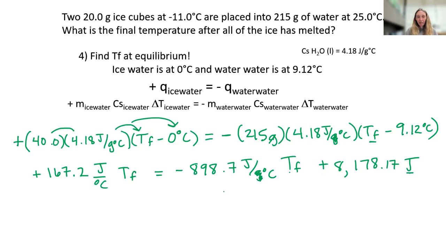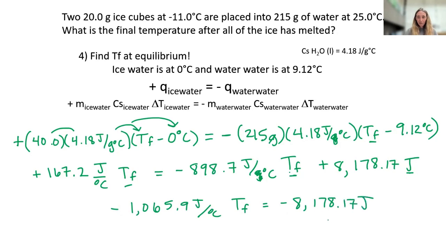Now I'm going to combine my like terms. So I'm getting my TFs on one side and my joules on the other, and I have a negative 1065.9 joules per degree Celsius TF equals negative 8,178.17 joules.